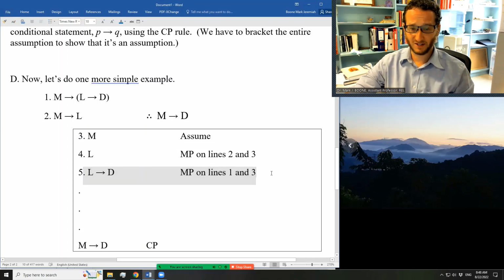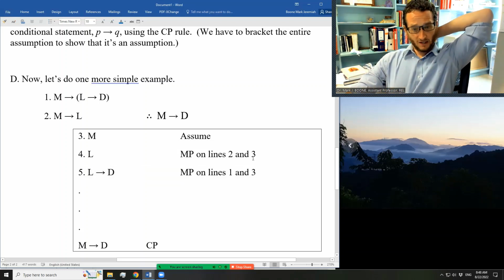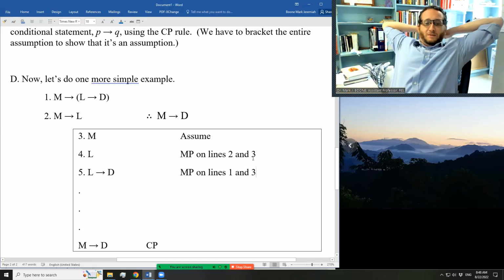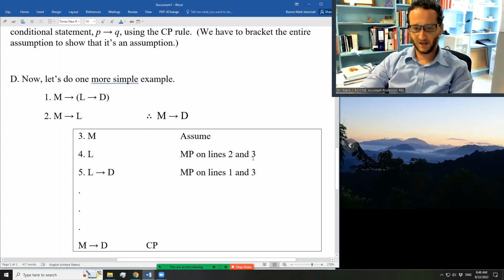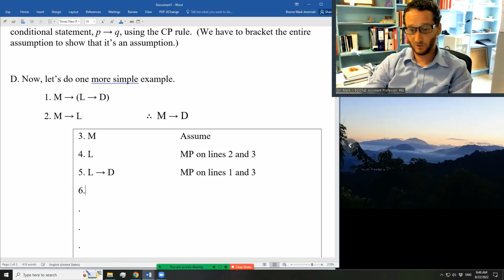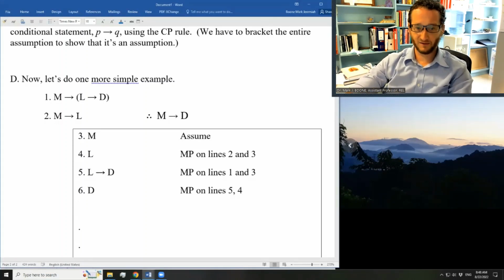Now, the rest should be fairly simple. M, where's D? Well, it looks like we can just do a simple modus ponens again on lines 5 and 4. And then I think we're actually done with the conditional proof.